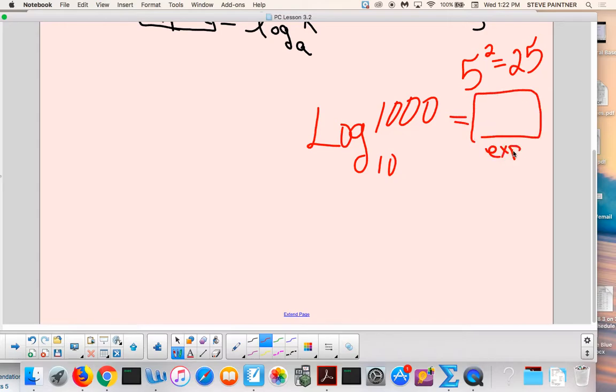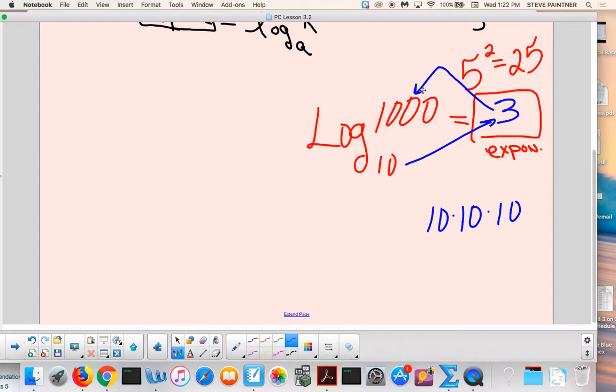It's asking you for an exponent. What is it? 3? What's 10 times 10? 100 times 10 is 1,000. It's 10 to the what? 10 to the third equals what? 1,000. That's what a log is.